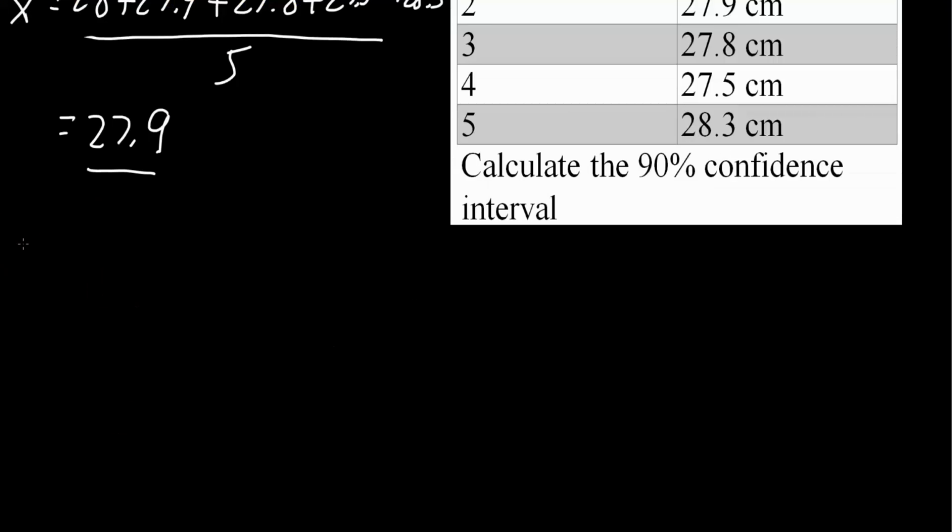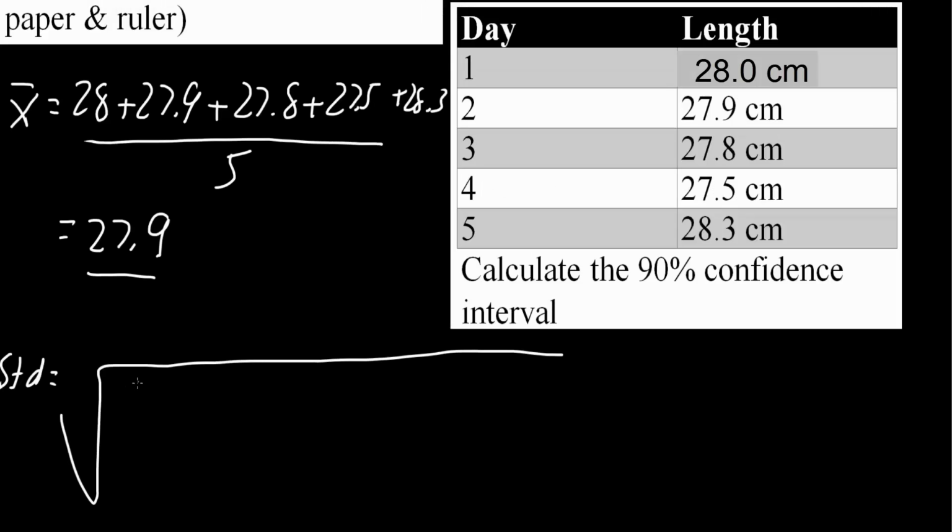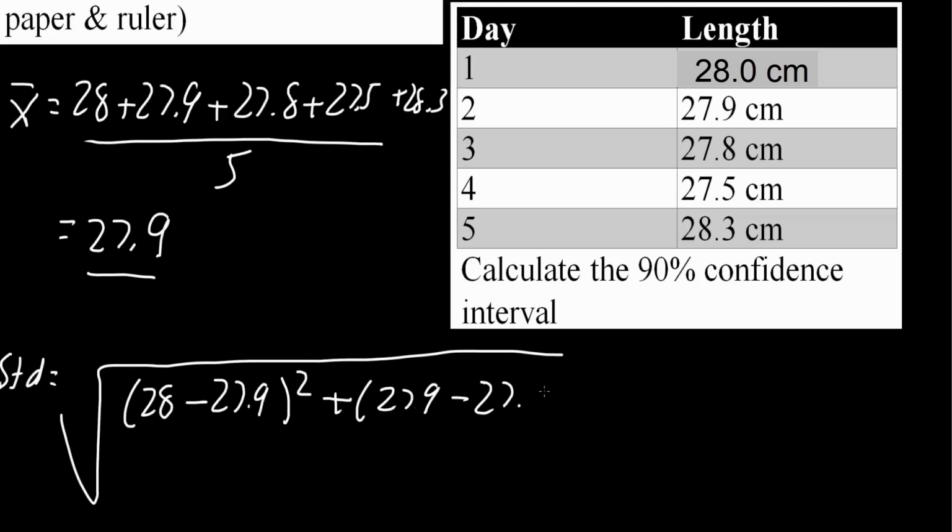Next, we will calculate the standard deviation. So the standard deviation is equal to the square root, this whole square root, parentheses, we take 28, the first number, minus average, 27.9. We close parentheses, we square it, plus, next number, 27.9 minus 27.9. We close parentheses, we square it.